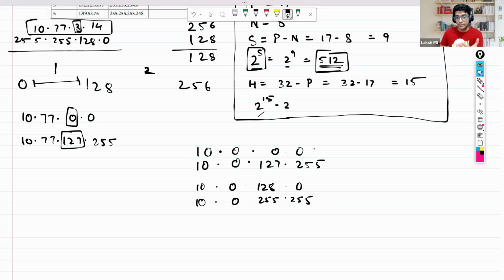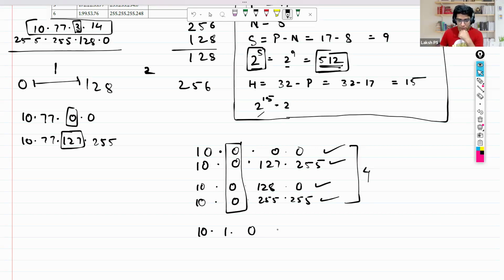Then the next subnet. Again, please remember this is one subnet, one subnet. So for 0 in the second octet you already have two subnets. The next is 10.1.0.0, which goes up till 10.1.127.255.